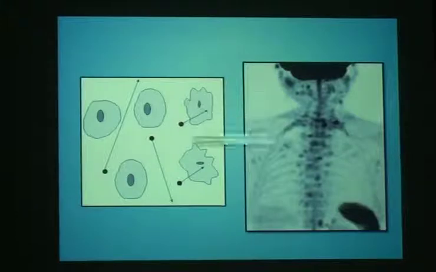Now, this is just an example showing the normal diffusivity. We can see that there is a normal cellular density here. There's no cellular packing, with the normal diffusivity of water molecules between the extracellular compartment and the intracellular compartment, giving us this image.